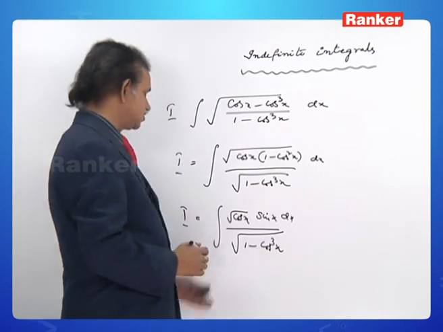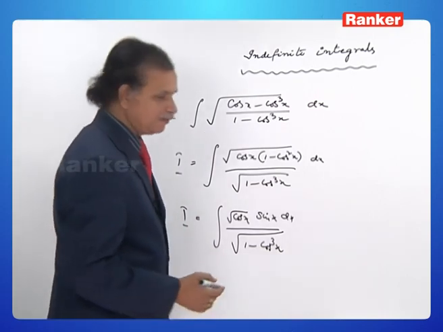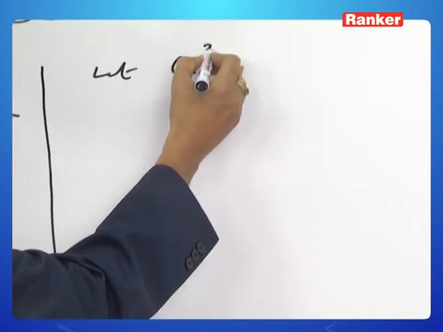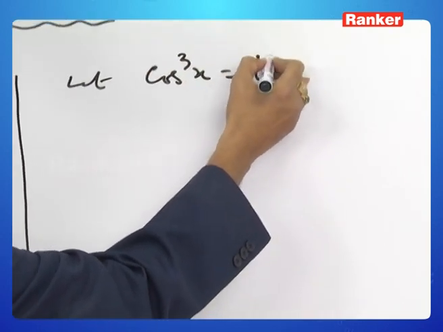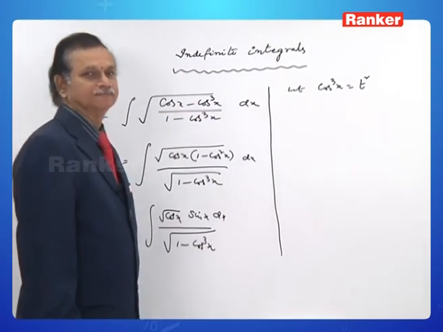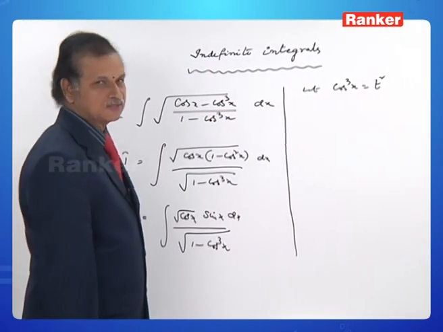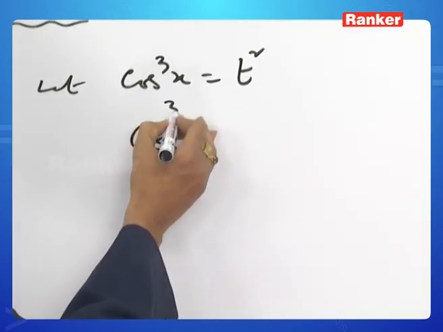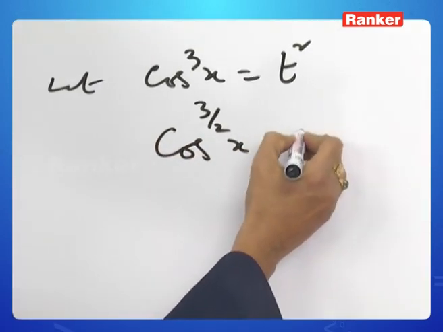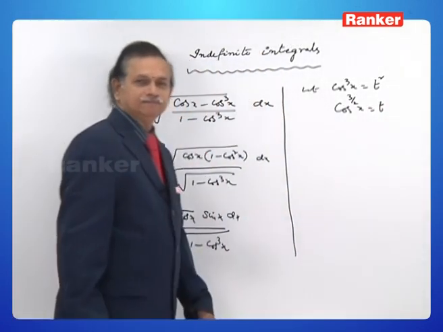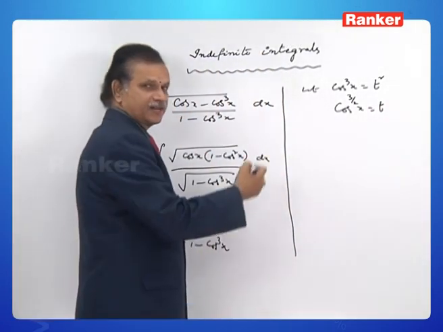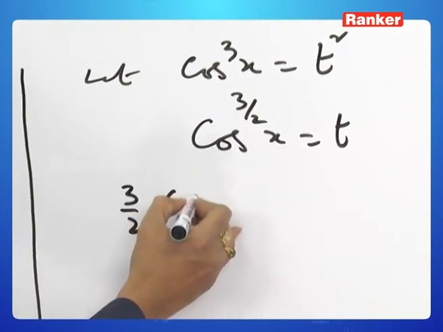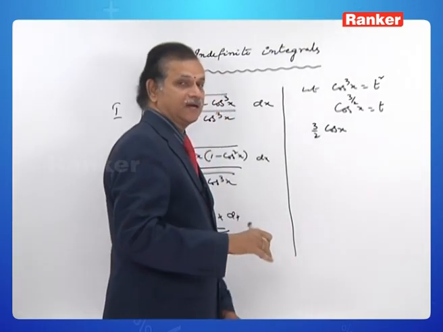Now, let us think of it in a peculiar way. Let cos cube x is equal to t square. Therefore, cos power 3 by 2 x is equal to t. Differentiate it on both sides with respect to x. 3 by 2 into cos x power 3 by 2 minus 1.